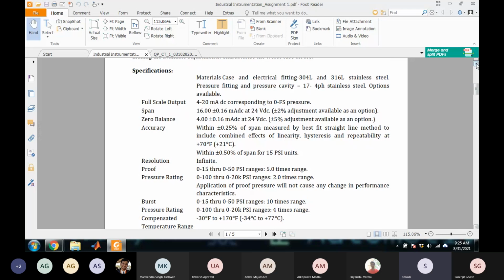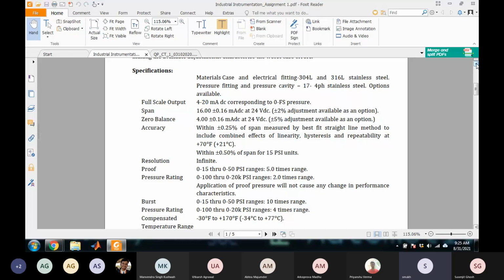The same sensor cannot be used when the pressure varies between 0 to 15 and between 0 to 20,000, because the error specifications for them will be absurd. So therefore different, and then size, everything will be different. So these specifications talk about various ranges.